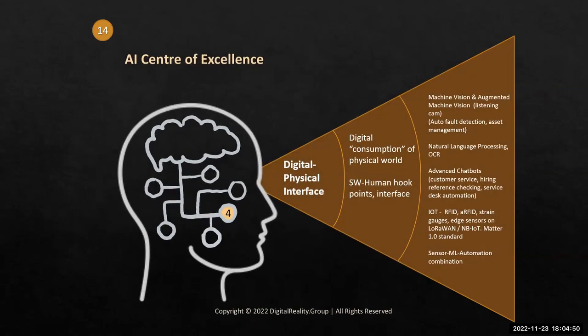The next area, a specialty area in the AI world, is if you focus on the digital physical interface. I mentioned before, information in the physical world needs to enter into the logical world, which is the digital world, in the form of ones and zeros. So the digital physical interface is important.